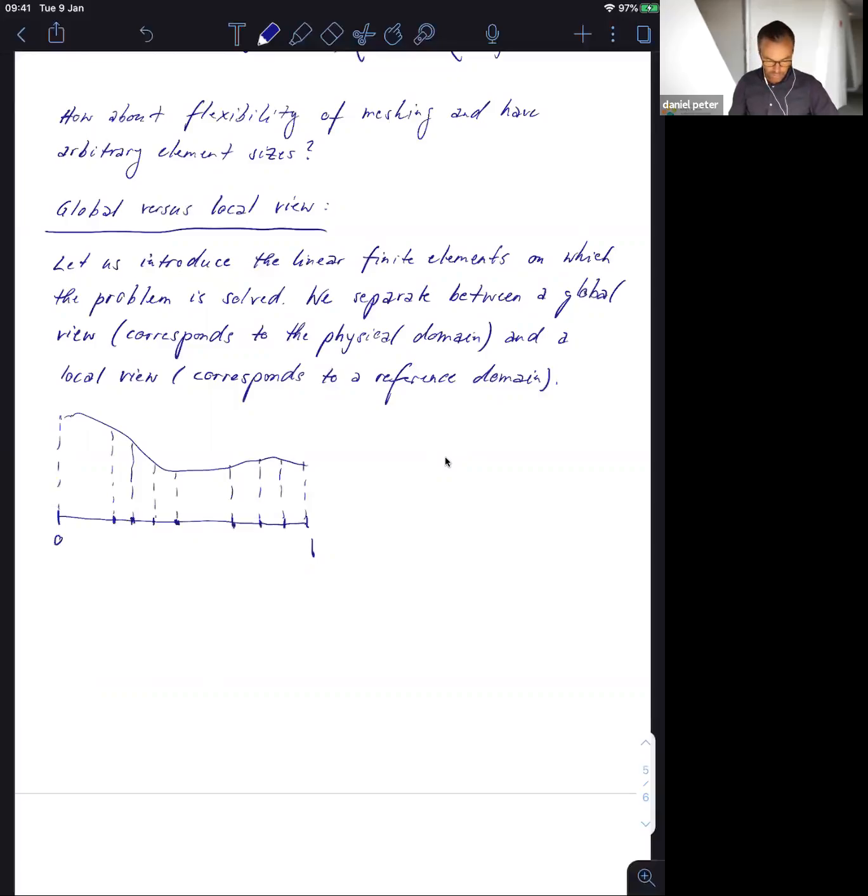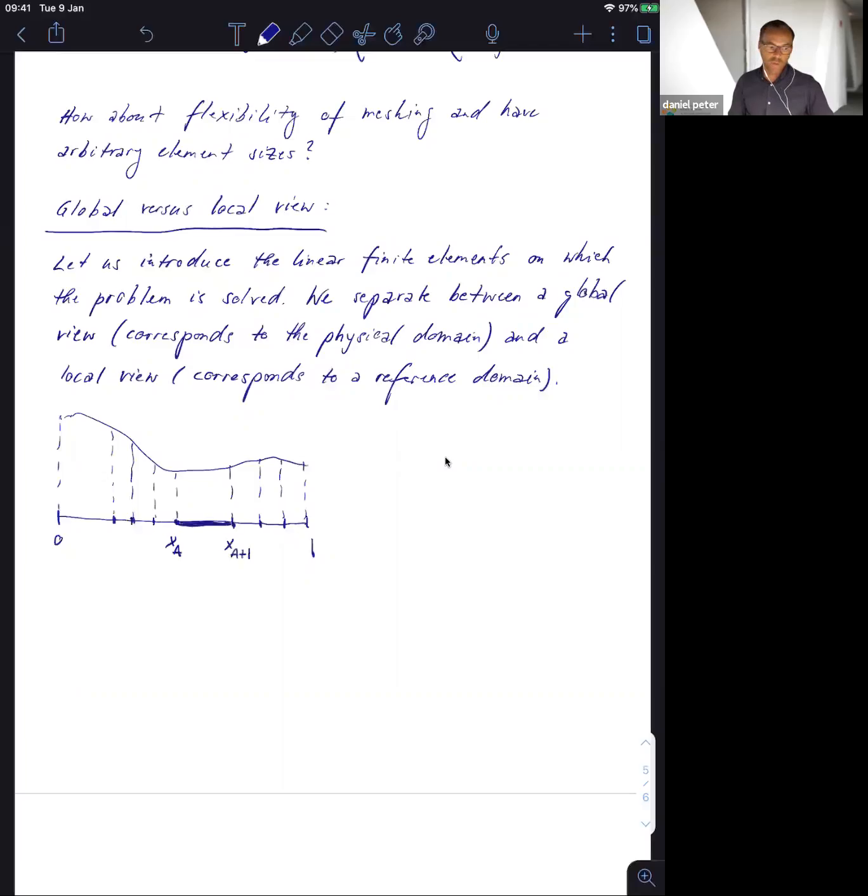So here, let's say this is XA, this is XA plus 1 for this particular element here. So this is our physical domain that we discretized.